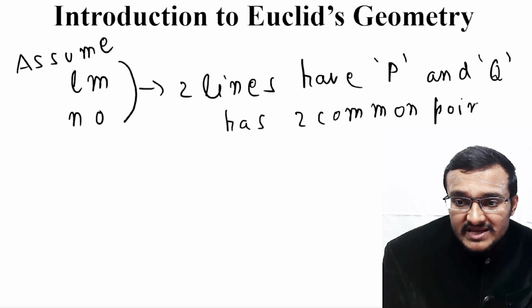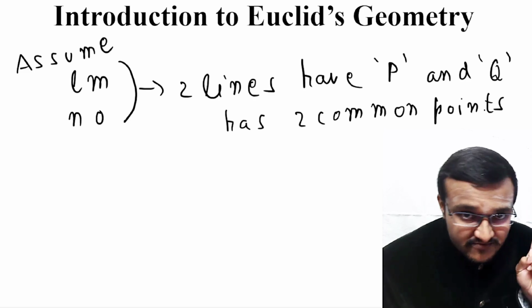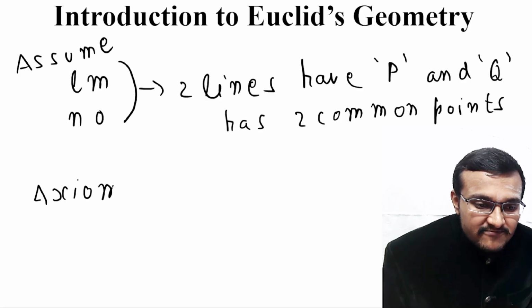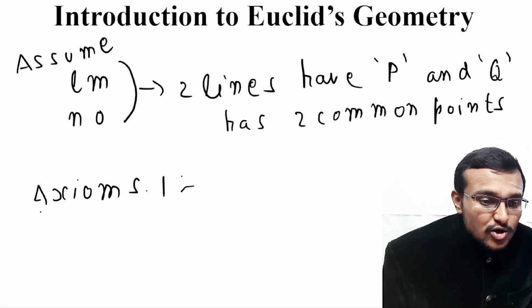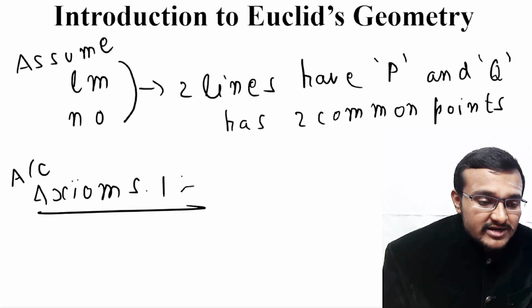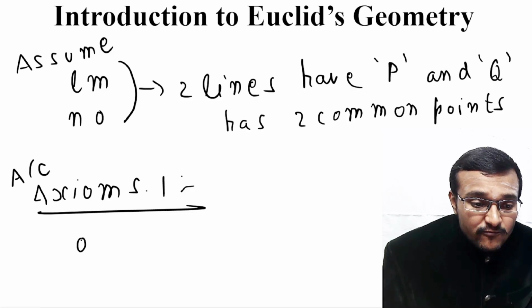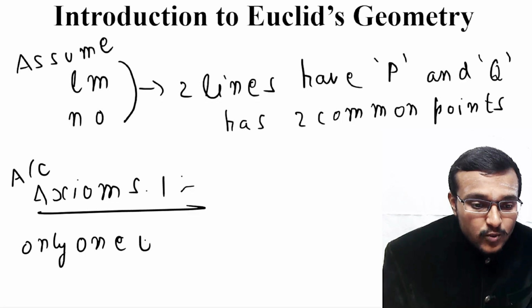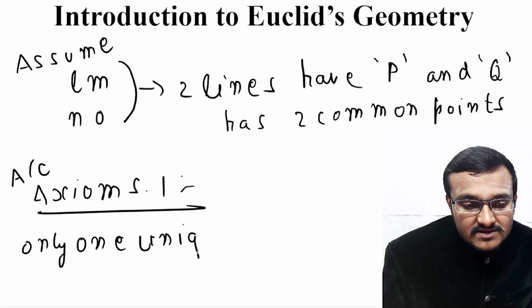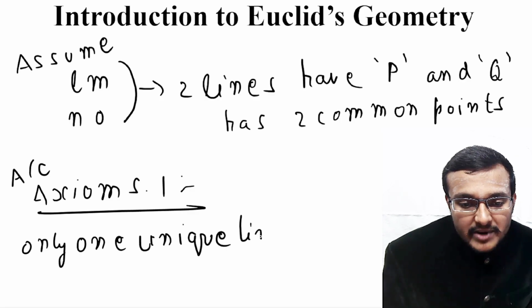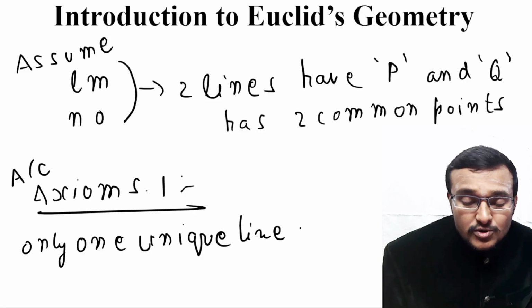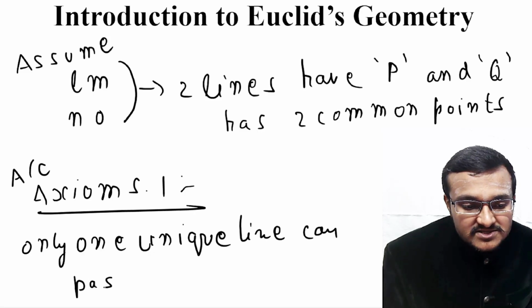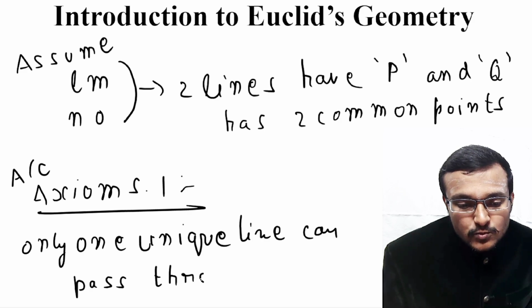So now if P and Q are two common points of these two lines, then according to axiom 5.1, only one unique line can pass through 2 points.